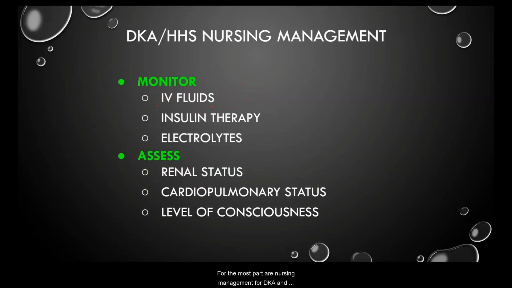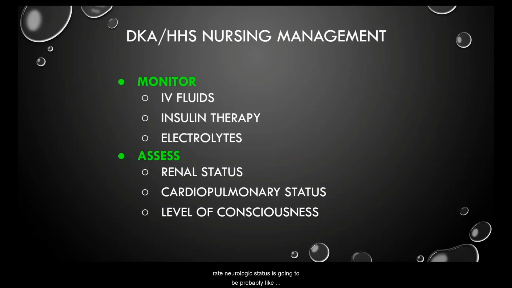For the most part, our nursing management for DKA and HHS are the same. We play that vital role in the care of our patients who have either DKA or HHS. We know that these are life-threatening conditions. We know we need to act quickly and provide that thorough care. So assessment and monitoring, thorough assessment, with ongoing vital signs: heart rate, blood pressure, respiratory rate.